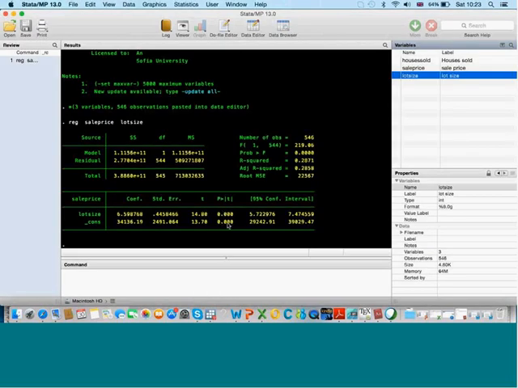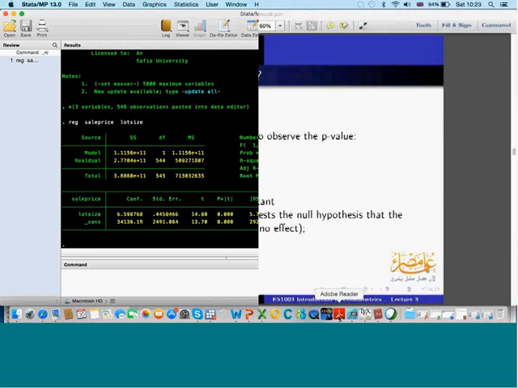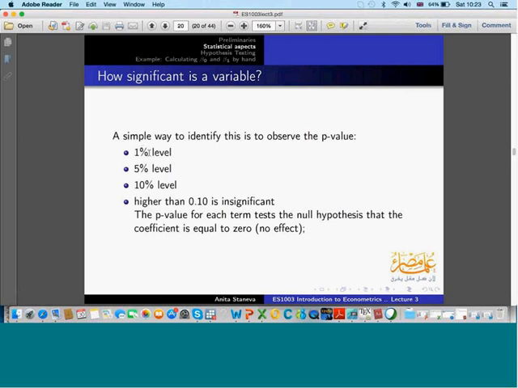For example, in this case, my p-value is 0, and I would conclude that my coefficient is highly significant, because the p-value is lower than the 1% level, and it's also lower than the 5% and 10% significance levels. A p-value higher than 10%, higher than 0.10, indicates insignificant estimates.